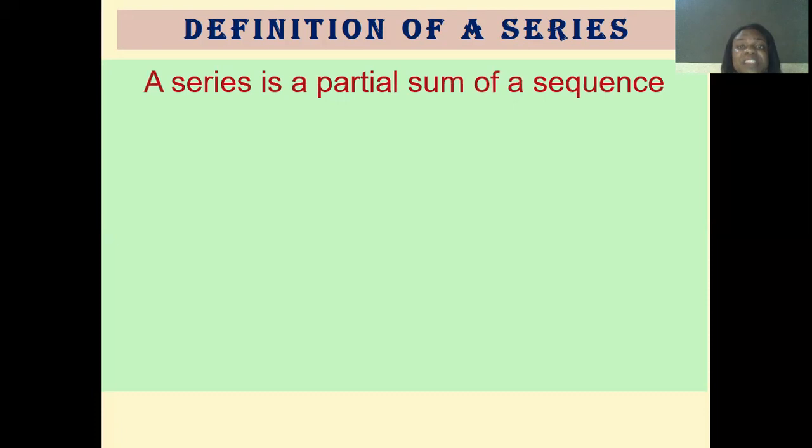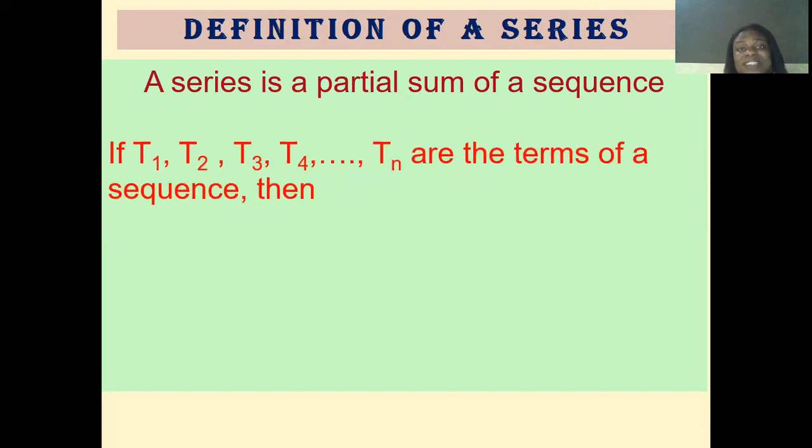Okay, let's now move to what we're going to discuss today. What is a series? When you say series, what does it mean? Okay, so a series is a partial sum of a sequence. So if you have a sequence T1, T2, T3, T4, and it keeps going on to T of n, these are terms in a sequence, right?